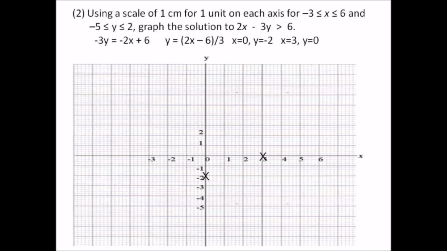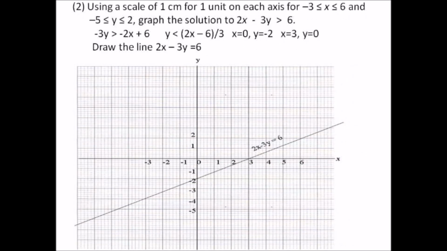For the graph, you would begin by finding two points on the line, and then join them and draw that line first in order to do the graph. So I'm doing it in parts for you to see exactly how I did it. So we're using y is equal to 2x minus 6 divided by 3 to get the line, and you can put the equation on it, but now you don't.